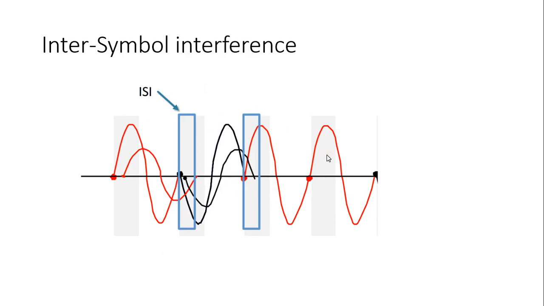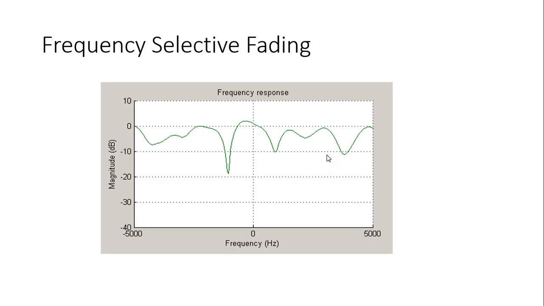In this case, the delay spread of the channel is larger than the symbol period of the signal, which results in a frequency selective fading channel. And this is the frequency response of a frequency selective fading channel, with magnitude over the signal bandwidth.